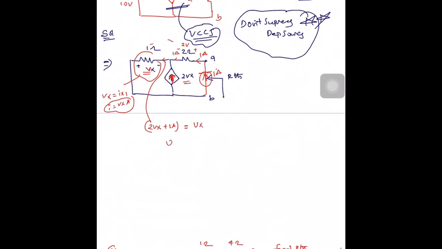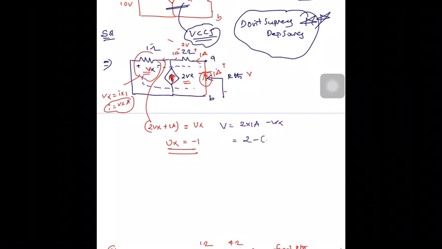So here 2 Vx plus 1 is equal to Vx, so Vx is equal to minus 1. If Vx is equal to minus 1, what is the voltage across the current source, which is V? Apply KVL. Voltage V is equal to 2 into 1 ampere minus Vx, which is 2 minus (minus 1), equal to 3 volts.